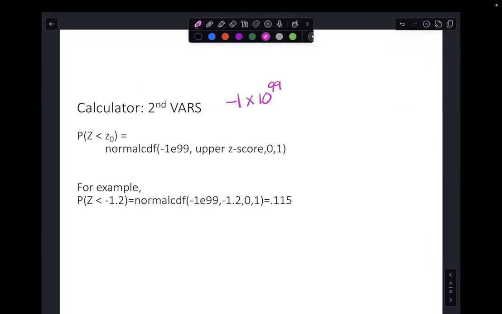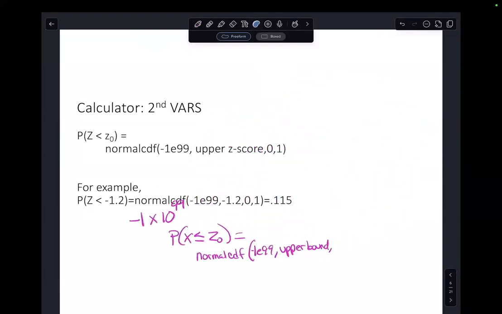For less than or equal to, a probability that our value is less than or equal to a certain z-score, we would do normalcdf, negative 1E99, then whatever your upper bound is, upper limit. I'm going to move this upper bound, and then it's 0 and 1: this is the mean, and this right here is the standard deviation.